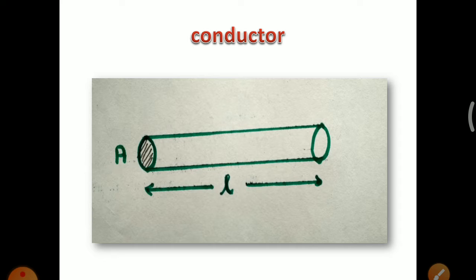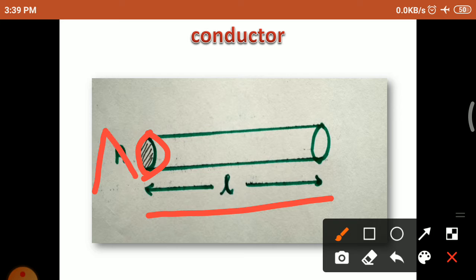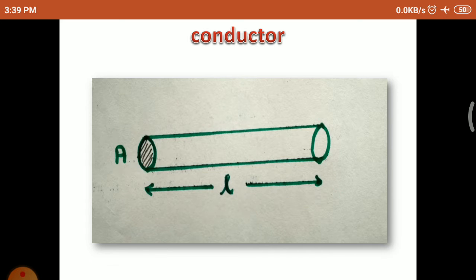Here I took a conductor. The conductor has a length L and this is the area of cross section A. The area of cross section is represented by the capital letter A and the length is represented by the small letter L.